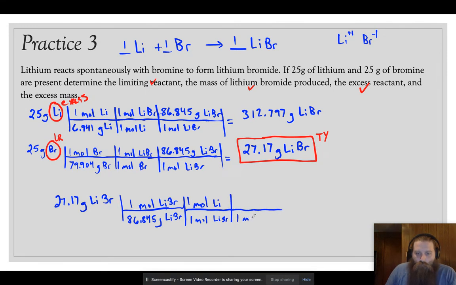And then 1 mole of lithium is 6.941 grams of lithium. So let's see how much lithium we consume. So 27.17 divided by 86.845 times 6.941 gives us 2.17 grams. So 2.17 grams of lithium were used up.